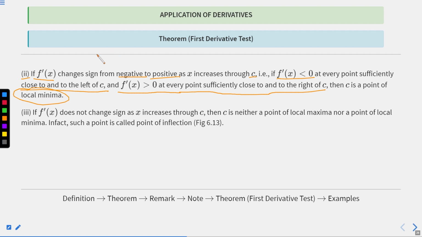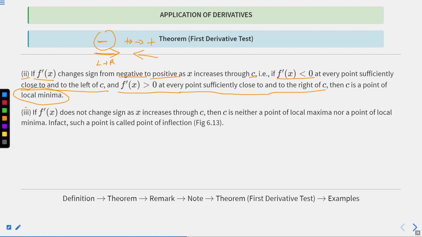If you are having a minimum, then the sign must change from negative to positive.